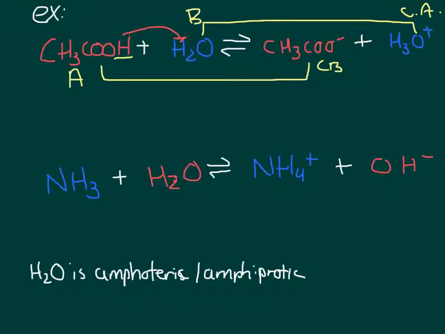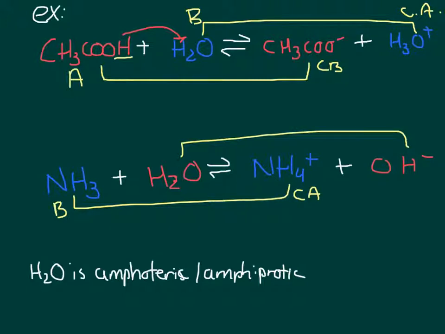What are these pairs? So we have NH3 and NH4+. NH3 is our base. NH4+ is therefore our conjugate acid because it has one more proton than its associated base on the other side. H2O and OH-. H2O is our acid, and OH- is our conjugate base because it has one less proton and will need to accept a proton back to turn back into an acid.